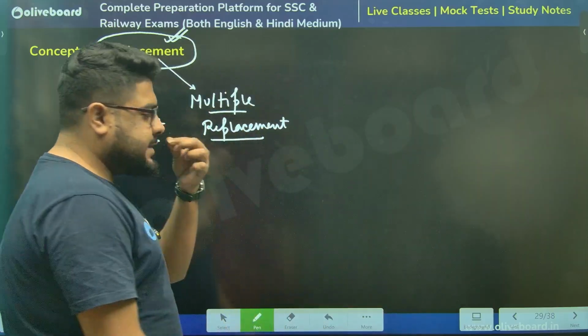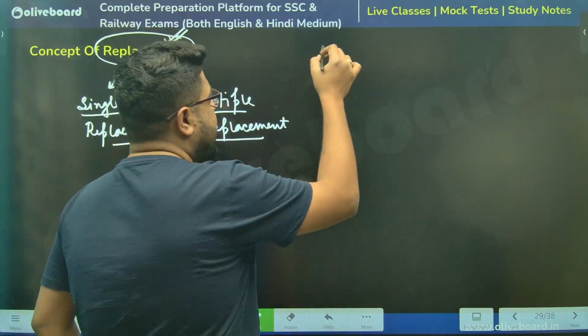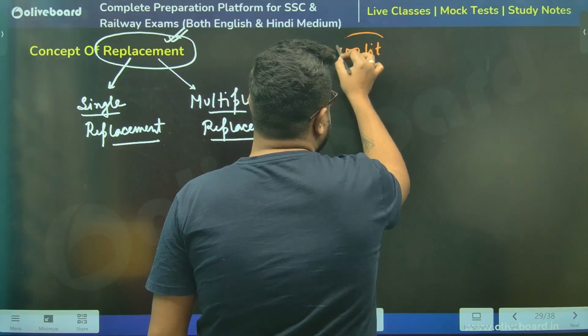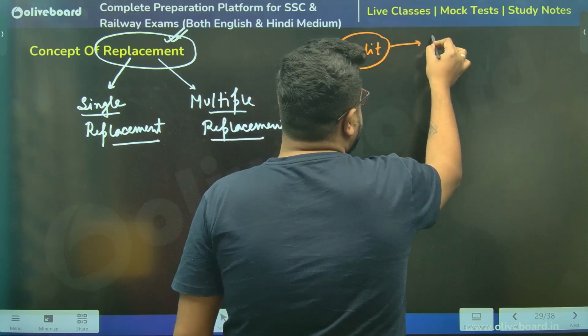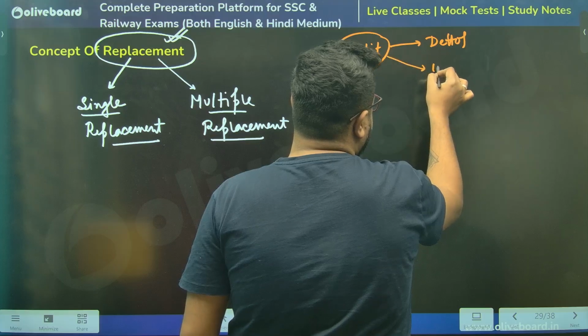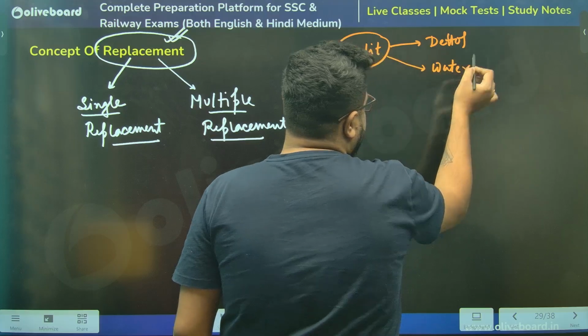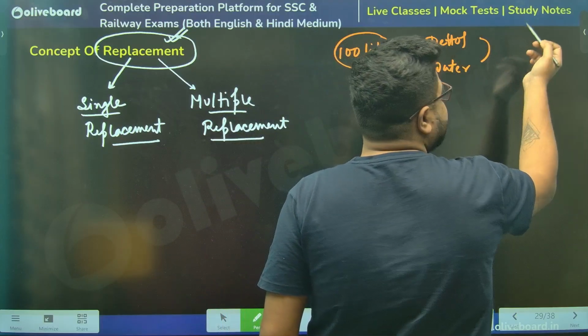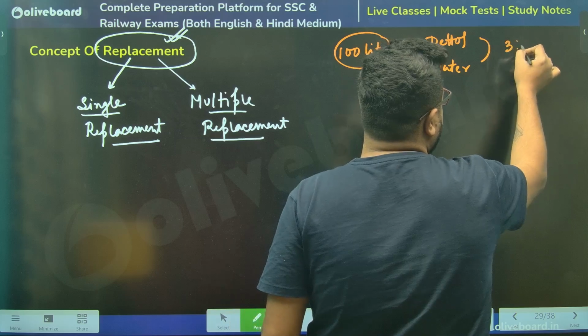Let's say we have a solution of 100 liters. There is a solution of Dettol and water, and it is in the ratio, let's take 3 is to 2.